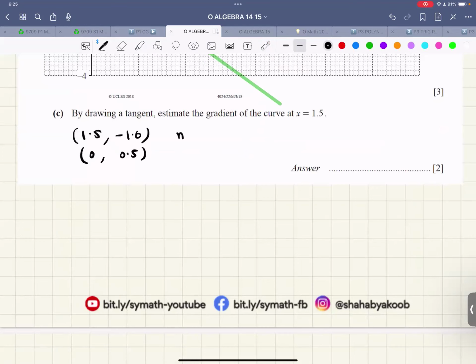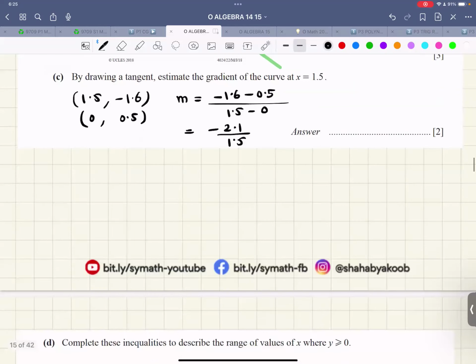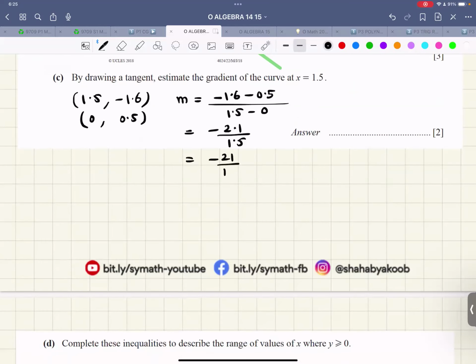And if I calculate the gradient, this is -1.6 minus 0.5 divided by 1.5 minus 0. So this is -2.1 over 1.5. That is -21 over 15. And 3 sevens are 21, 3 fives are 15. So I think that is -1.4.